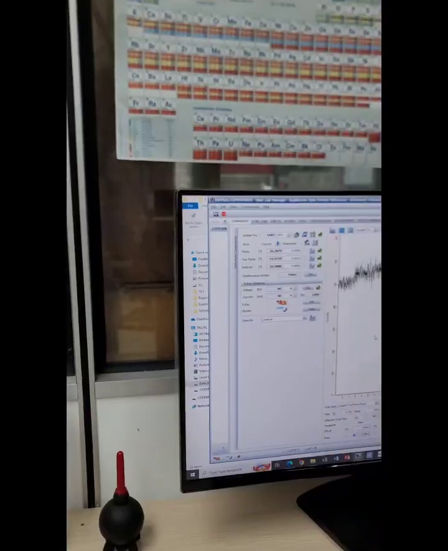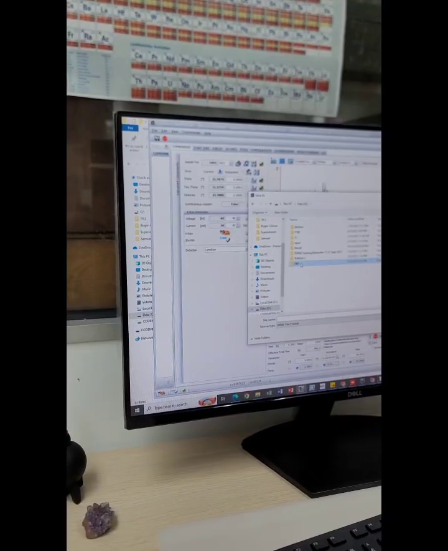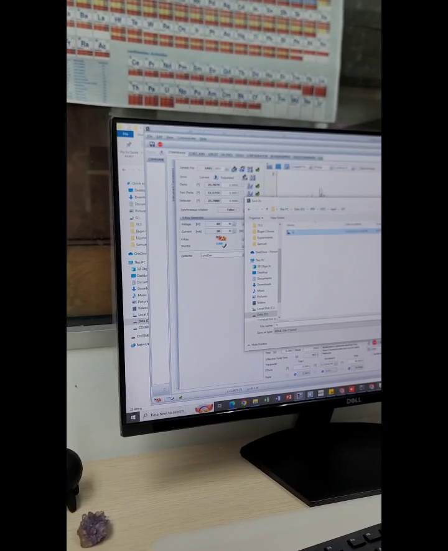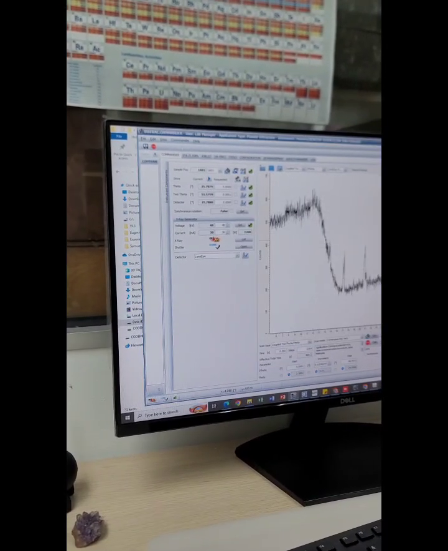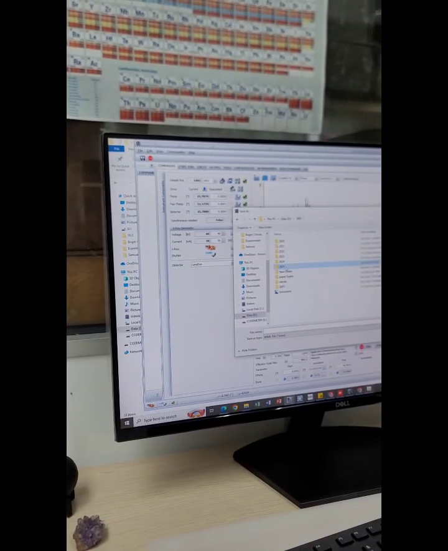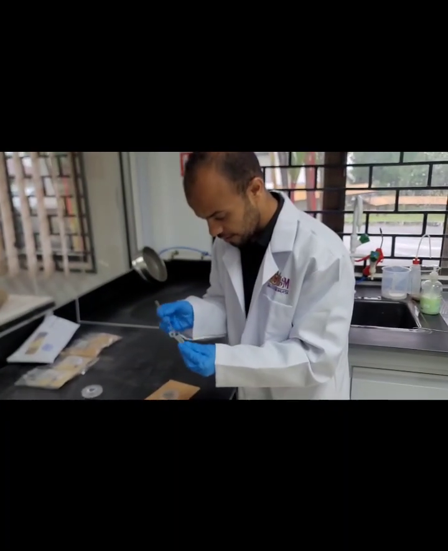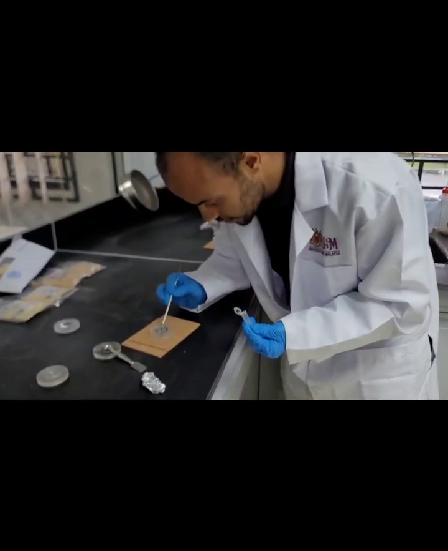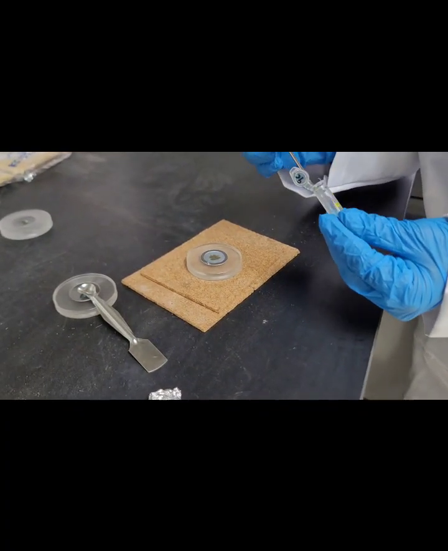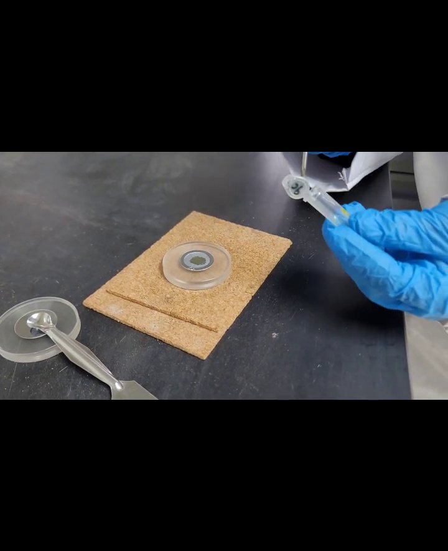Okay, we have a problem there. So we will take our sample and place it on the holder, a little bit of the sample. I think it's okay.